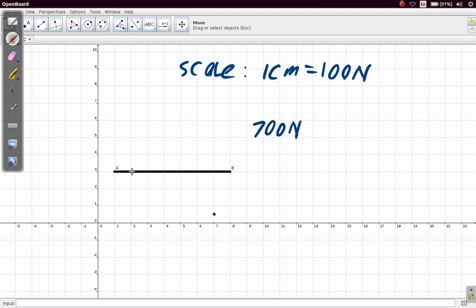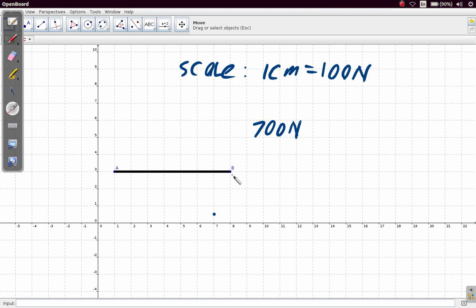So that from here to here is 100. Let's not use that highlight. Let's use this. From here to here, 100, 200, 300, 400, 500, 600, 700 newtons. All right? So, that's my scale here.